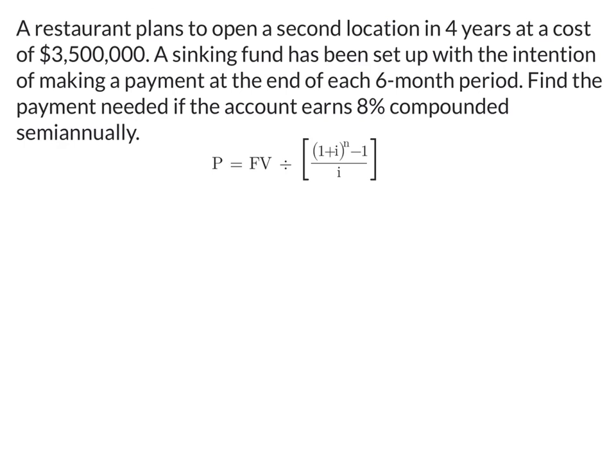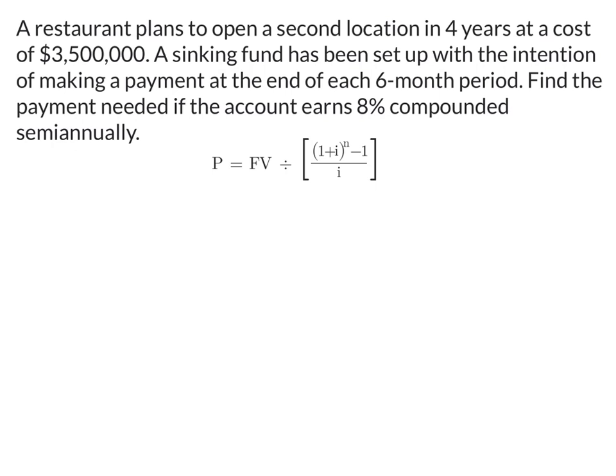We're going to calculate the periodic payment needed to accumulate the future value, which is represented by the formula on the screen. First, we need to identify the values for FV, which is the future value or the total amount needed, I, which is the interest rate per compounding period, and N, which is the total number of compounding periods.